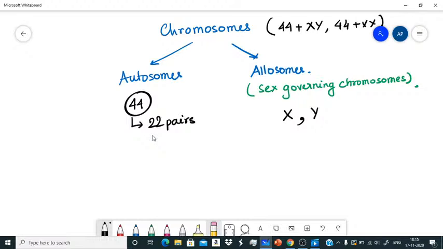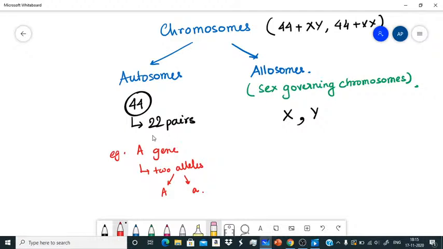Now let's come to the idea. Suppose we have a gene A. For example, take one gene, we have A gene. Now in A gene, we will have two alleles. Out of those two alleles, there will be one capital A, and the other one will be small a.